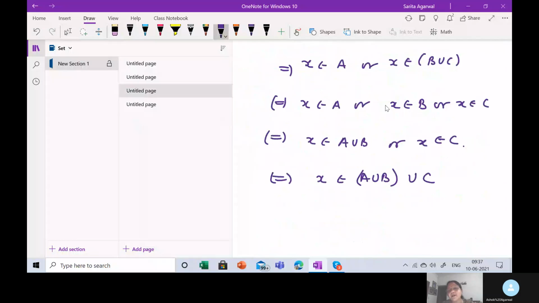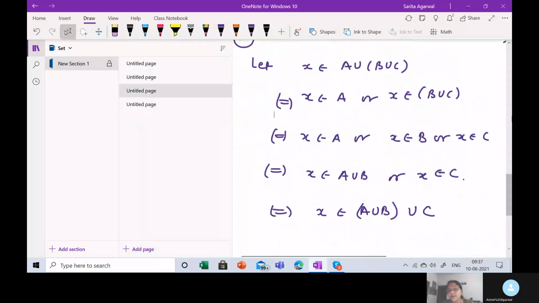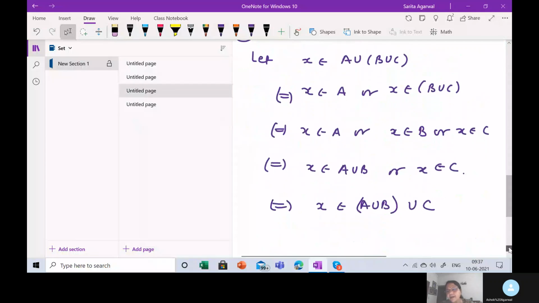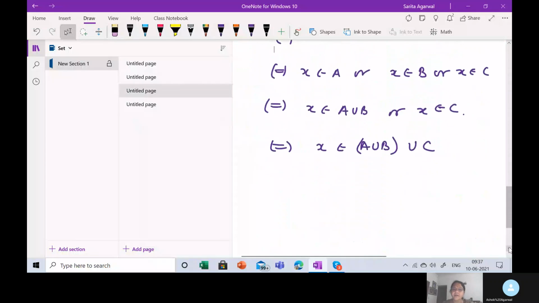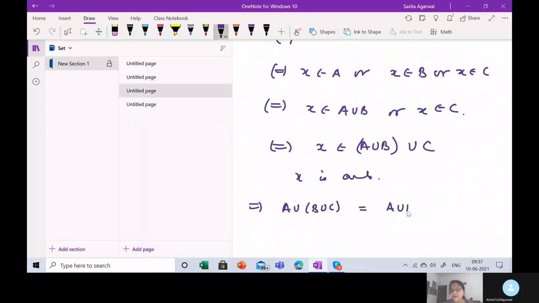Now this time we club these two, X belongs to B or X belongs to C. So that means X belongs to A or X belongs to B union C, which gives us that X belongs to A union B union C. But this X is arbitrary. And this means that A union B union C is equal to A union B union C.